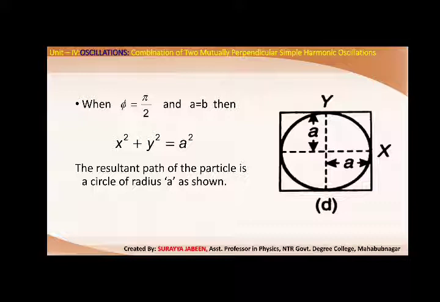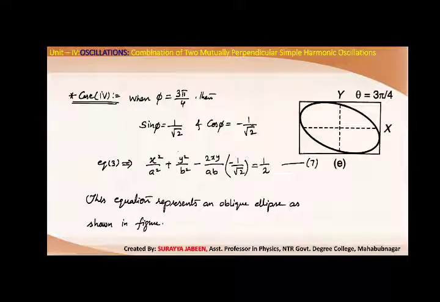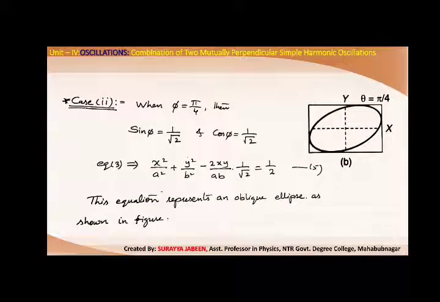Okay. Now we will move to the next case, that is phi equal to 3 pi by 4. When we take phi equal to 3 pi by 4, that is 135 degrees, then sin phi equal to 1 by root 2 and cos phi equal to minus 1 by root 2. You know these values. So it is the same as what you got in case 2. I will show you what is varied.